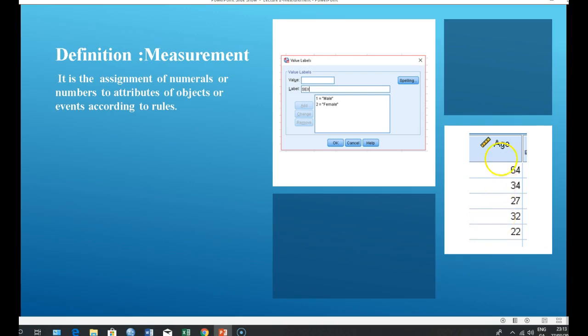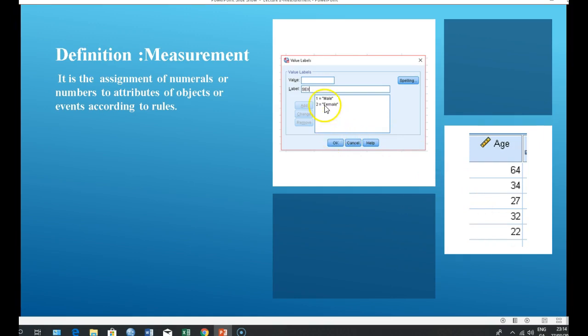So this is the agreed scale we used when we were allocating ages to individuals who participated in our survey. So as you can see, the way we assigned these numbers and the way we assigned those numbers, we used different levels of scale.